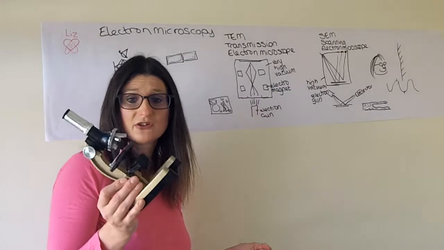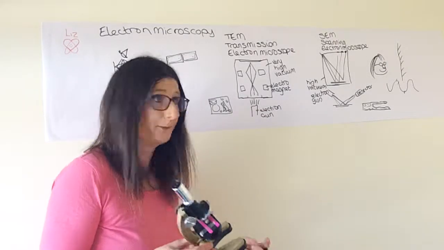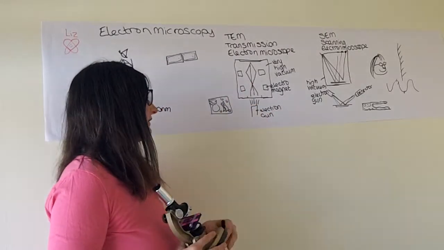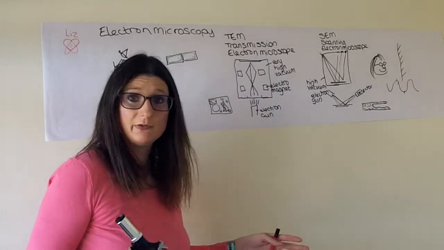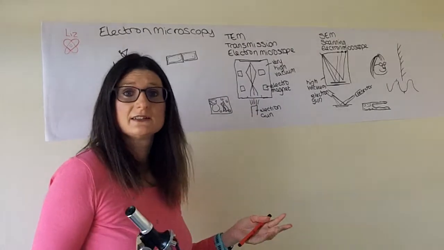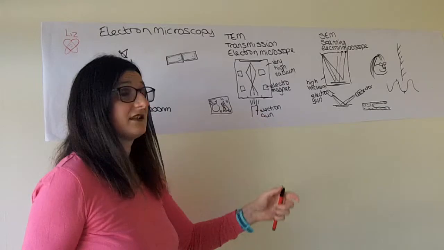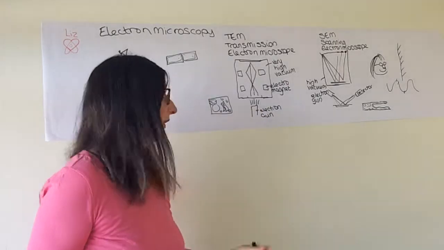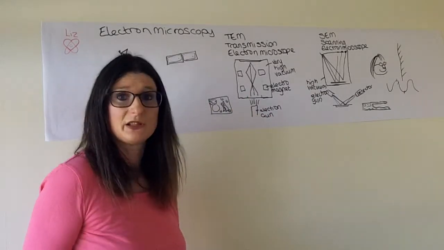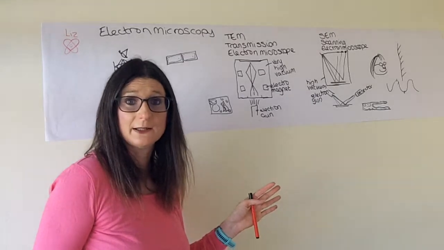You can get better ones still for not vast amounts of money. Whereas if you're wanting an electron microscope, you need an entire room for it, and the sample preparation takes some time and is a skilled task, and these are millions of pounds worth of equipment. So there are advantages to each system. It depends what you're looking for and what you're wanting to see.